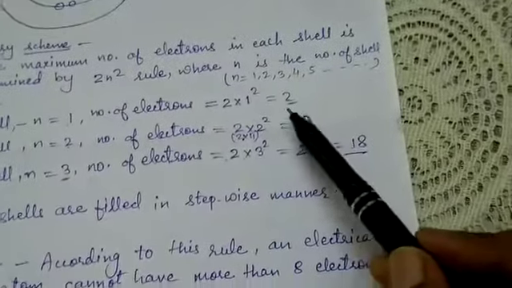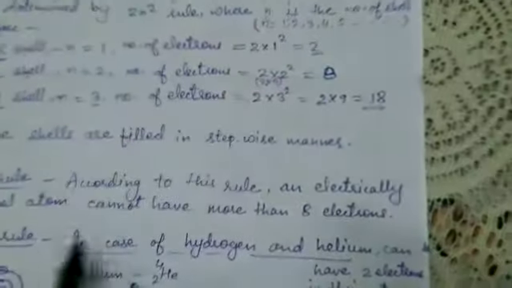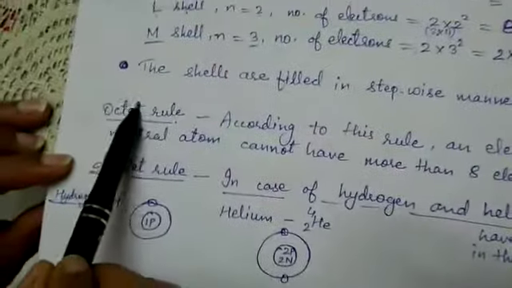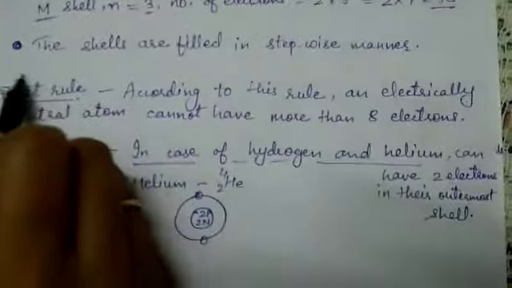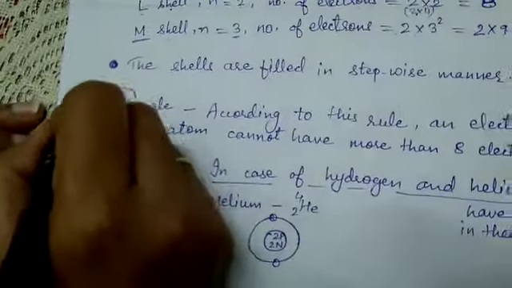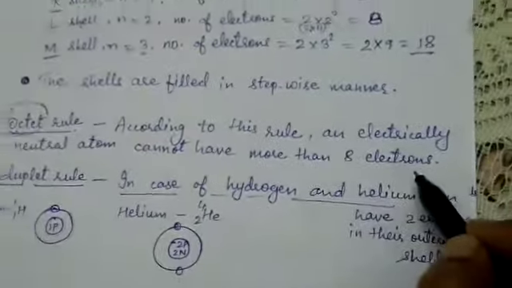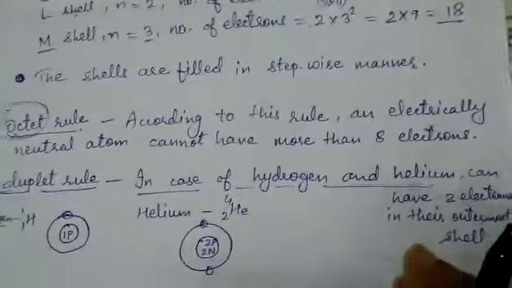The number of electrons is decided by the 2n square rule, but there is the octet rule also. Octet means 8. The word itself signifies its meaning: an atom cannot have more than 8 electrons in its last shell.